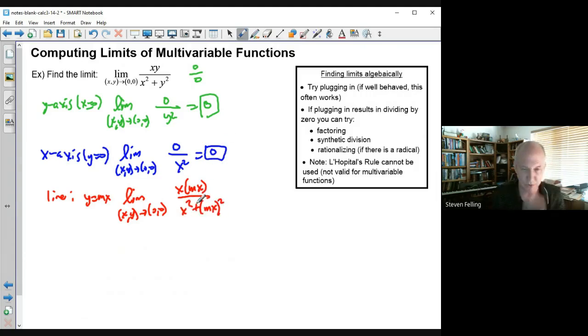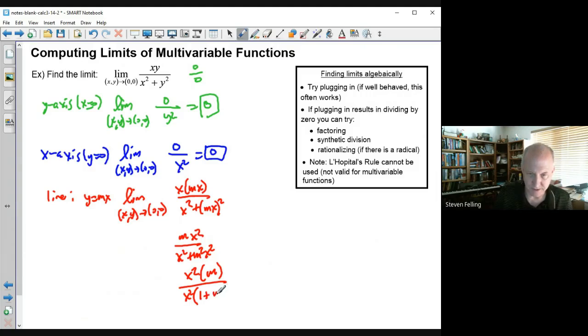Okay, so what do I have here then? I've got m x squared, and then I have x squared plus m squared x squared, which means I could factor out an x squared on the top, right? And I would be left with m. And then I could factor out an x squared on the bottom, and I would have 1 plus m squared left.